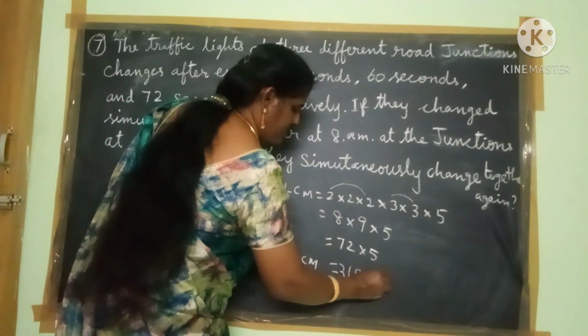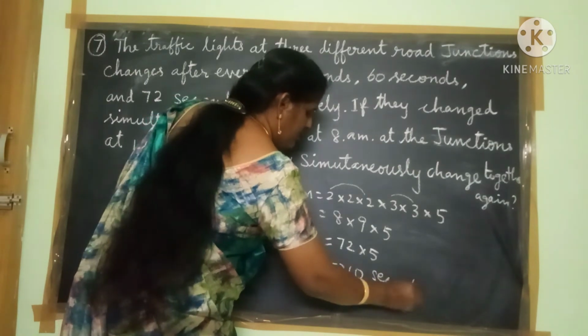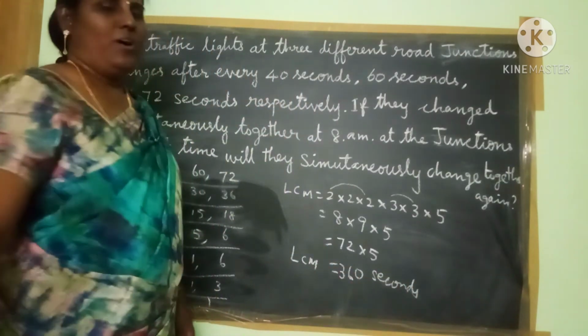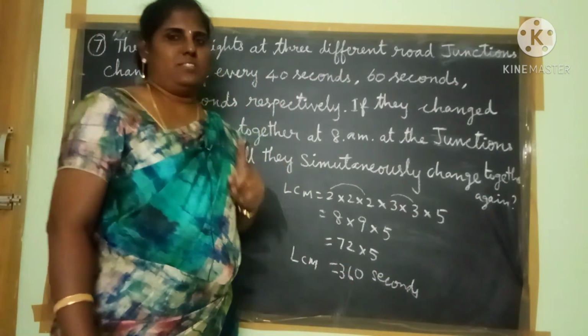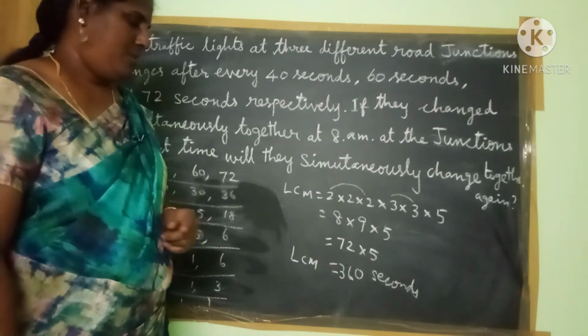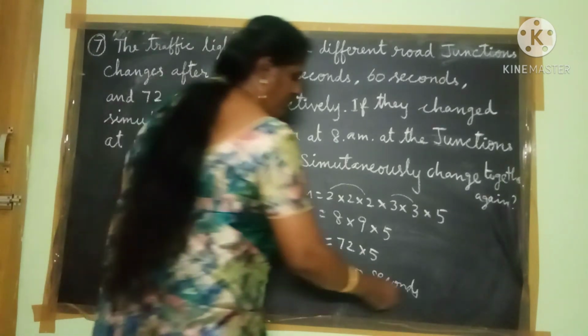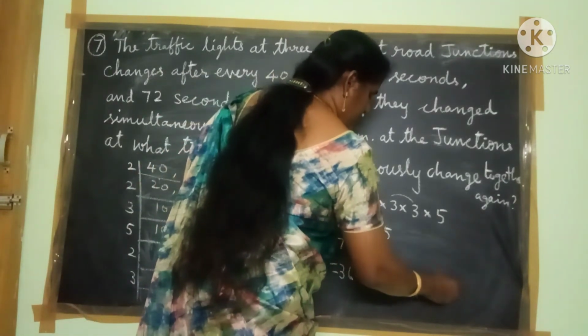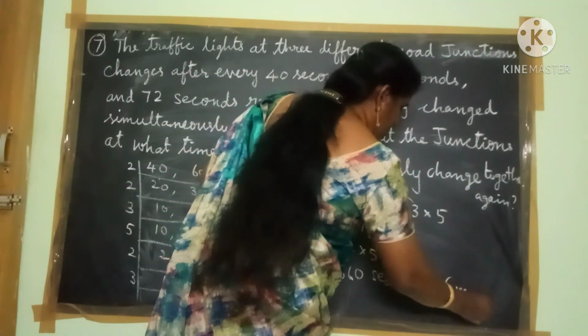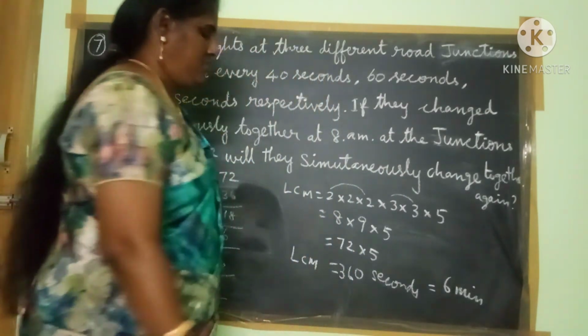360 seconds. 1 minute is 60 seconds. So 360 seconds means how many minutes? Yes, 6 minutes. So it changes in 6 minutes.